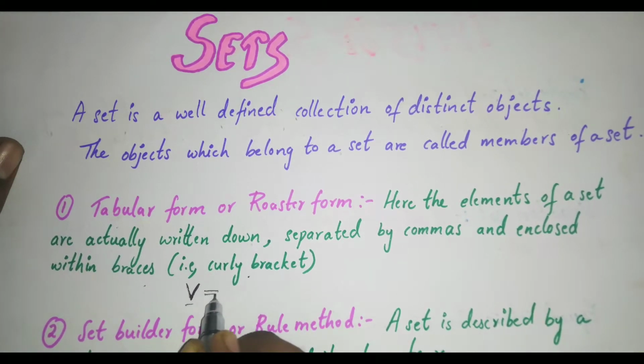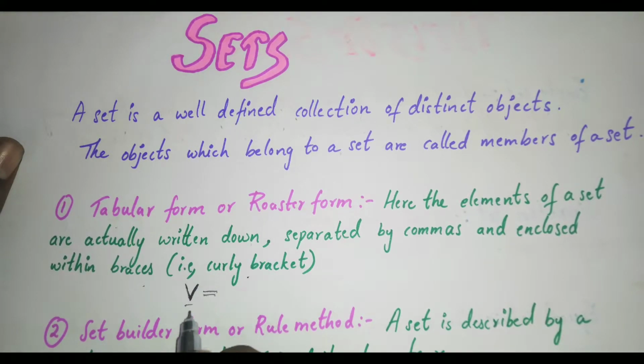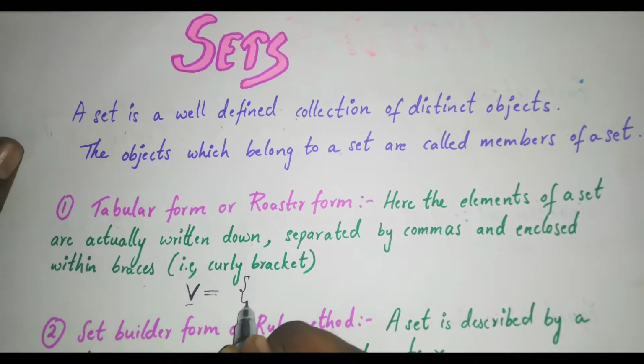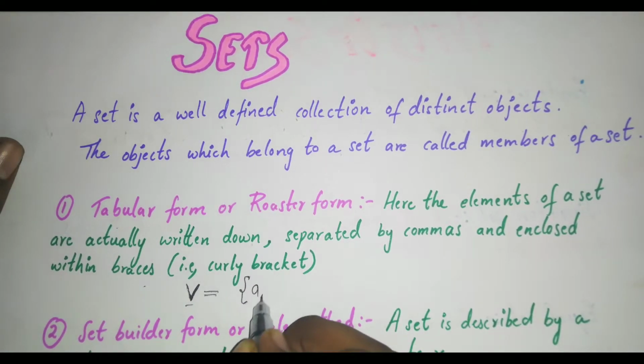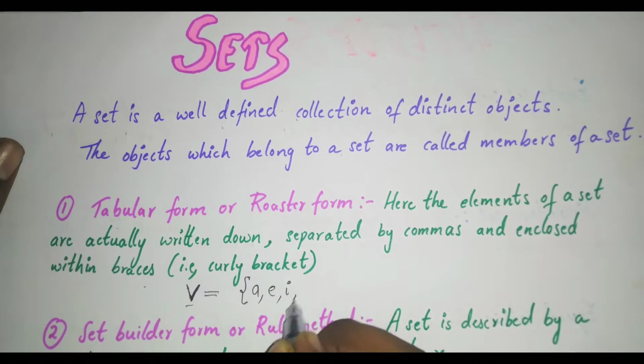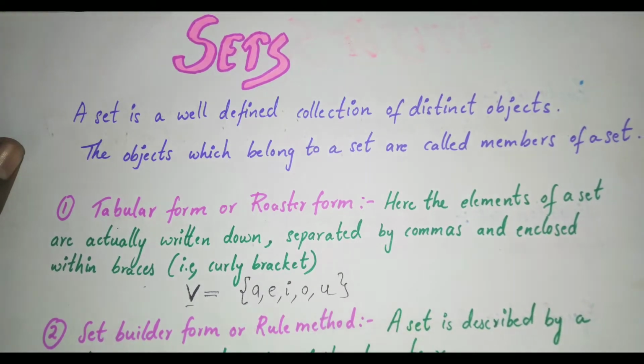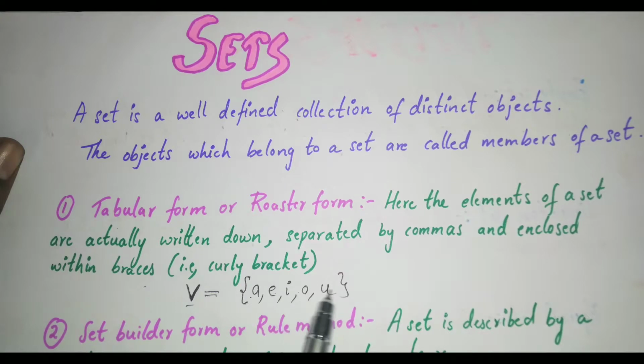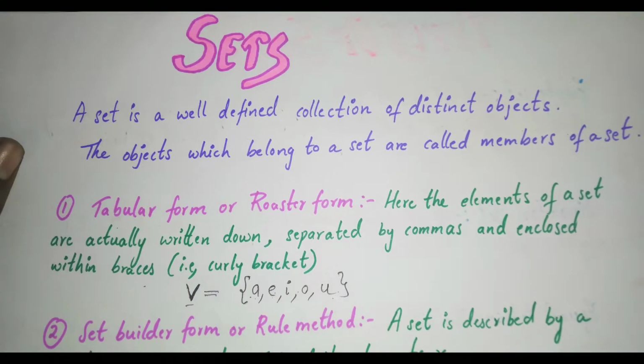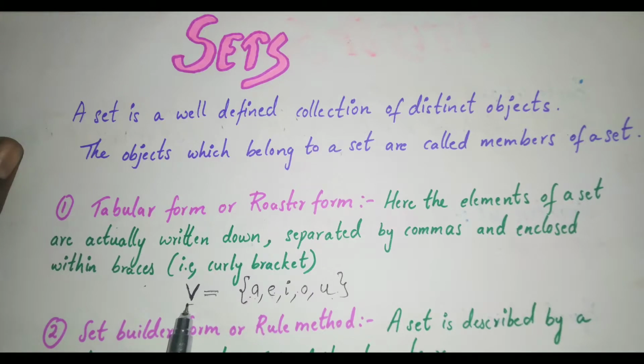V equals a set of vowels, which is equal to curly bracket, in that I write a, e, i, o, u. Now these are the objects, and they are separated by commas and enclosed by curly brackets. So this is tabular form.